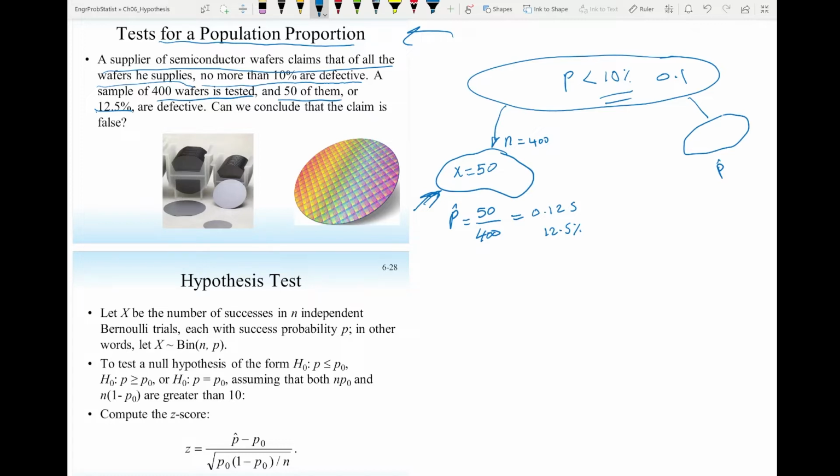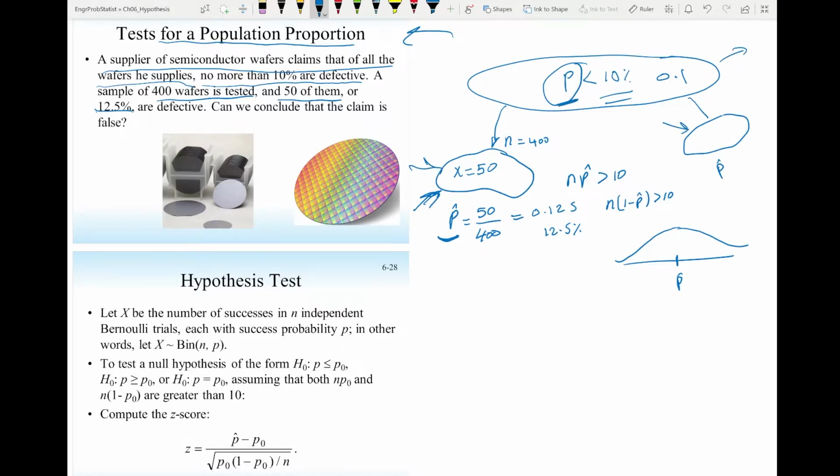So first, from the central limit theorem, if np is larger than 10 and n(1 minus p) is also larger than 10, then the probability distribution of the variable p hat will have a normal distribution with the mean equal to the mean of the population. That means the mean of these samples and other samples, the mean of the proportion, will equal the proportion of the population.